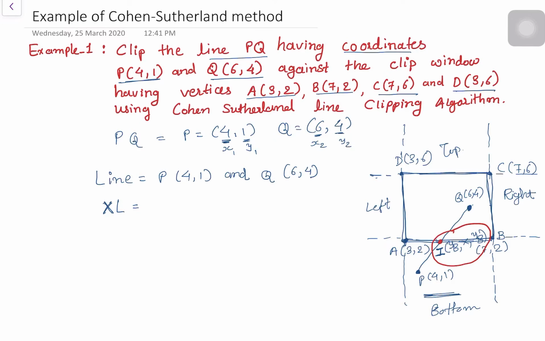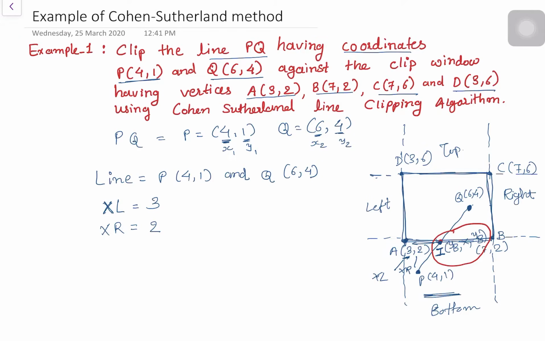XL is equal to 3, the left, right? In left, x is equal to 3. Similarly XR is equal to 2, meaning this is our left side, this is XL and this is XR. Clear? So XL is equal to 3, XR is equal to 2.